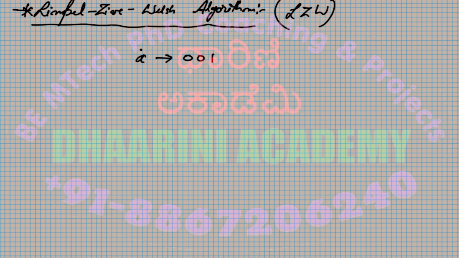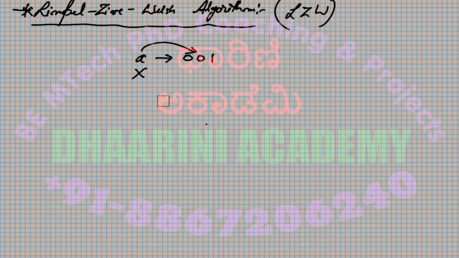So A used to get coded by maybe 3 bits. In LZW, that condition is avoided. You never encode a single letter. Single letters A, B, C are not going to be coded, so you save that much space. That's why we say it is a more compressive algorithm.